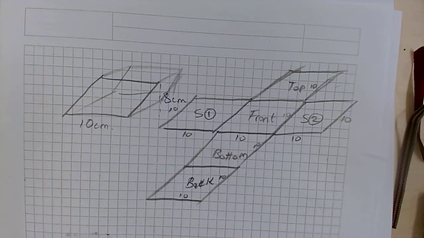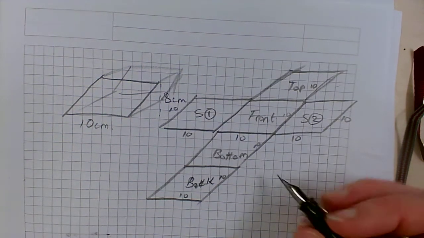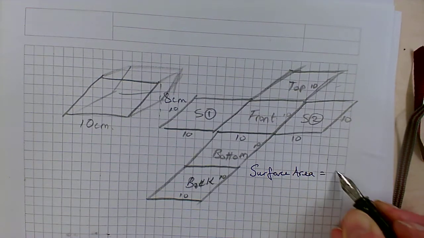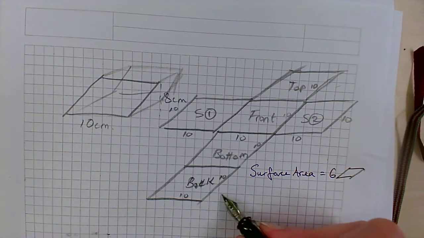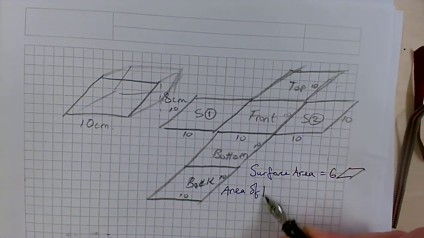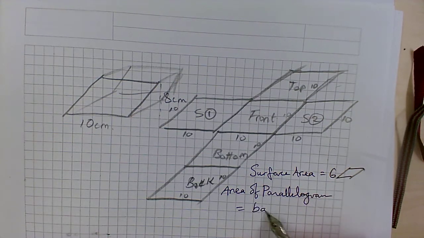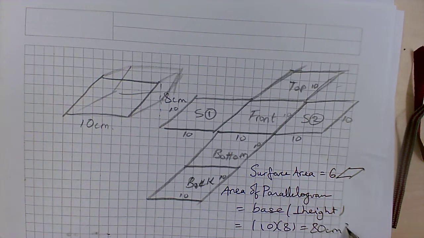So in terms of finding the area, well, we have 6 faces here and they all have the same area. So my surface area here will be 6 times 1 rhombus face. And the area of one rhombus, they're parallelograms, is the base multiplied by the perpendicular height with no half because it's not a triangle, and that's 10 times 8 because they told us the perpendicular height, and that's 80 centimeters squared, and then there are 6 of them.